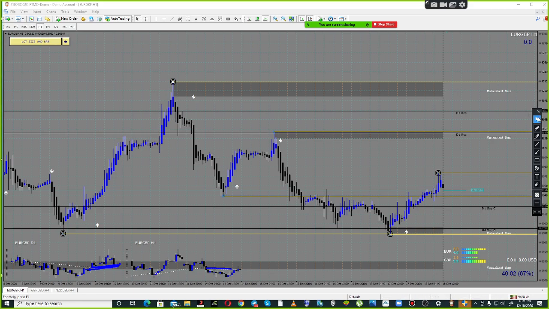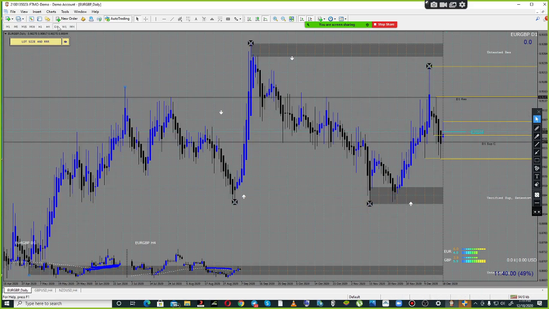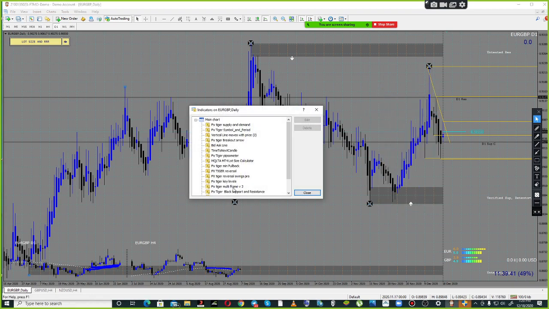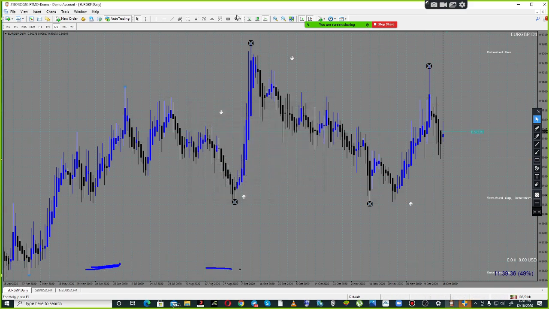So what I will do on forex is go to the daily time frame and put in what we call a trend line. Let me remove the structure key levels.